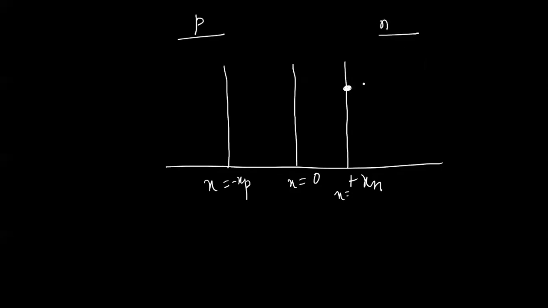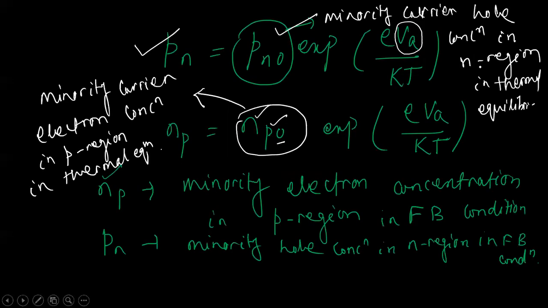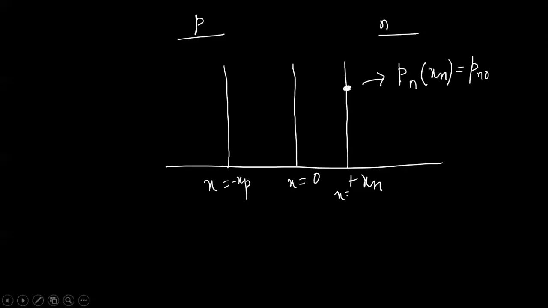Here, the minority carrier hole concentration in the n region at x equal to xn, I will write it as pn0 exponential of eVa by kT, which we just derived. Since forward bias is given, electron injection is happening in this direction.